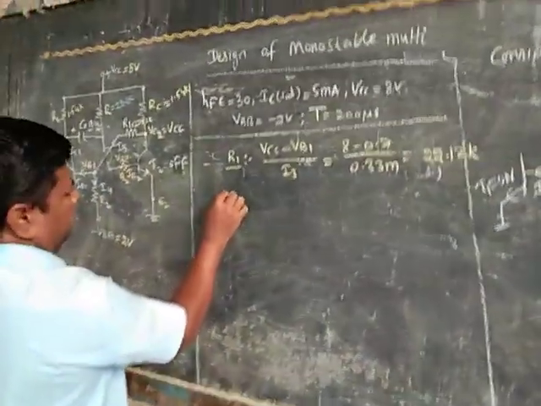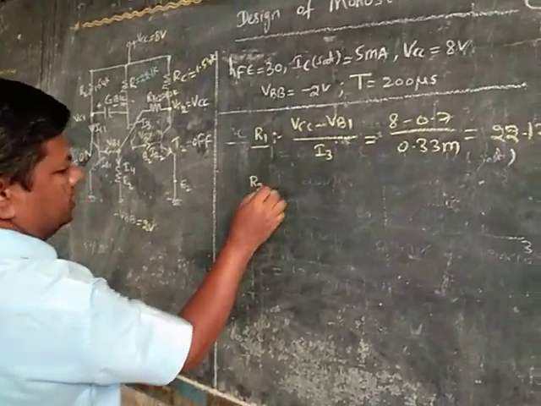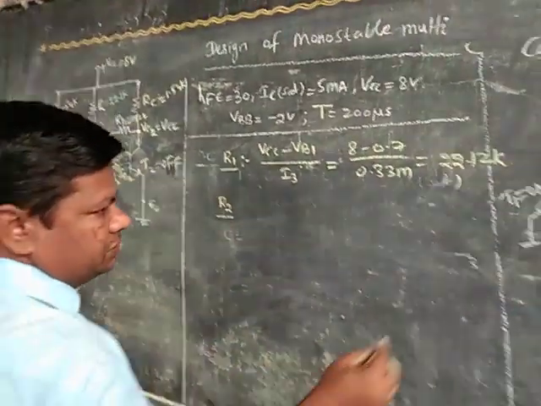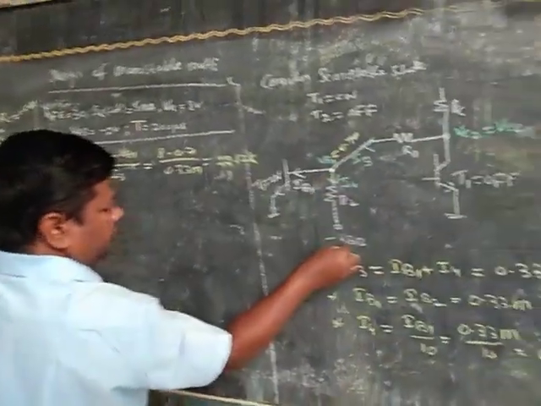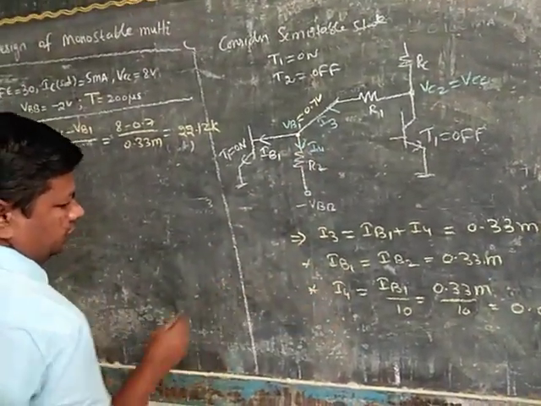So finally find the R2 resistor, and consider this branch. We know the VB1 and VBB and also the I4 current.